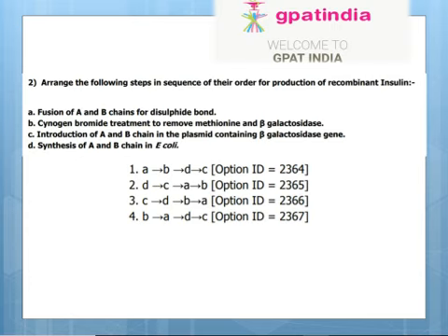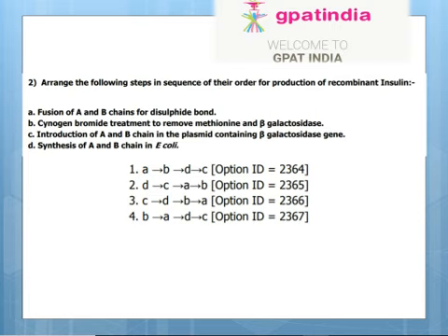The second question is related to biotechnology: biosynthesis of recombinant insulin. They are asking what should be the steps or sequence in order to produce recombinant insulin. There are four options. In the first option, they say fusion of A and B chain with disulfide bond.